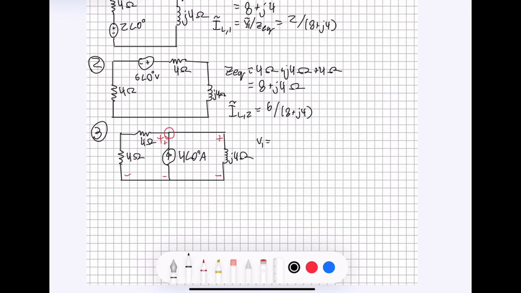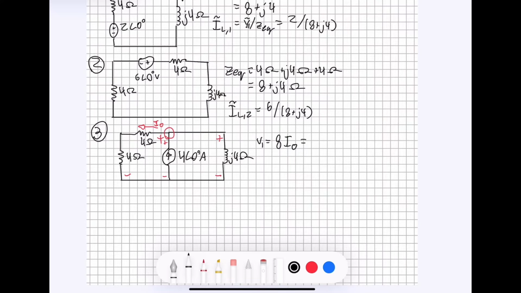We can use that to get an expression relating the current coming out here to the current that is coming out here. I'm going to call the current coming out of this side I naught. So if the voltage drop can be found using Ohm's law, we know that the resistance here is going to be 4 plus 4, which is 8, times the current, which is I naught.